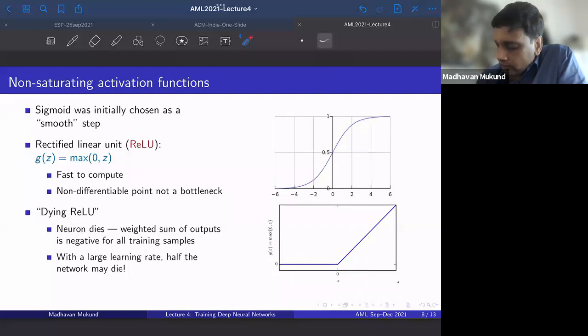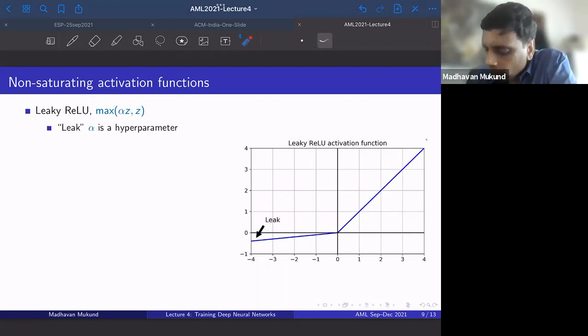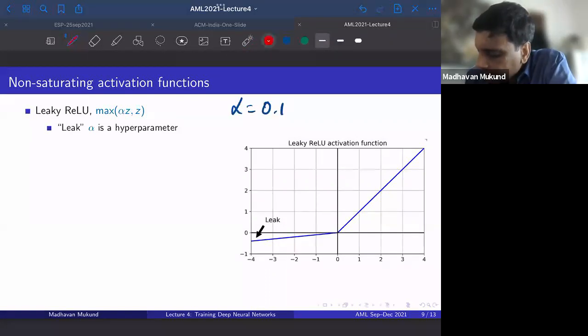So one solution is to not let it go negative, but to allow a small slope. Instead of max of 0, z, you take a very small number alpha and use max of alpha z, z. Supposing, hypothetically, alpha is 0.1, then if z is -1, alpha z is -1 times 0.1, which is -0.1.